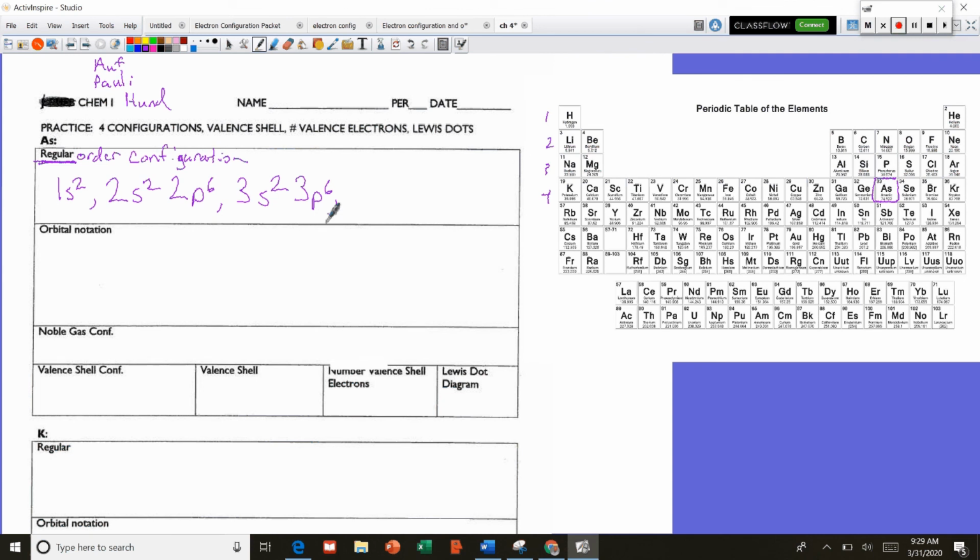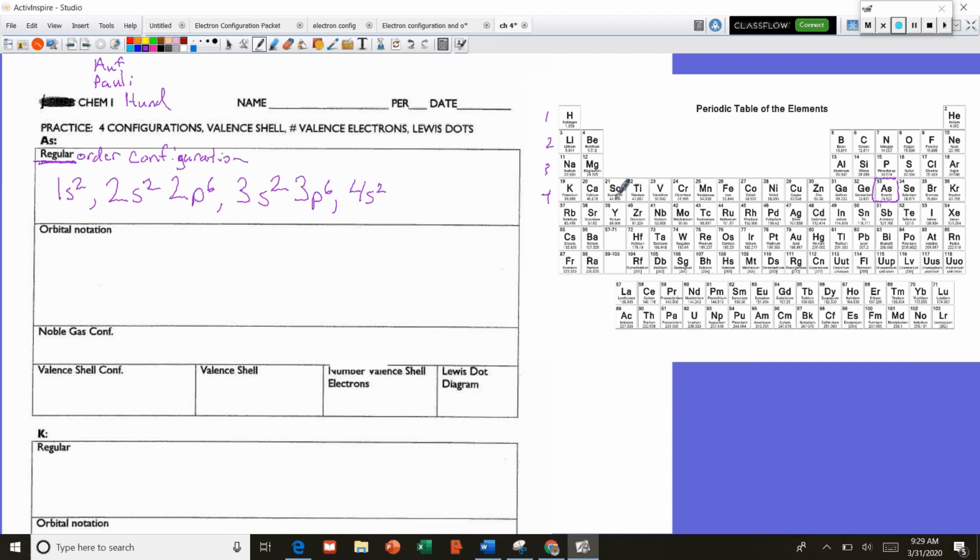And then you're going to say, wait, what about 3D? Well, we're going to actually fill 3D when we get on the 4th energy level. So arsenic is over here. So we have 4s1, 4s2. And then what comes next? This is 3D.